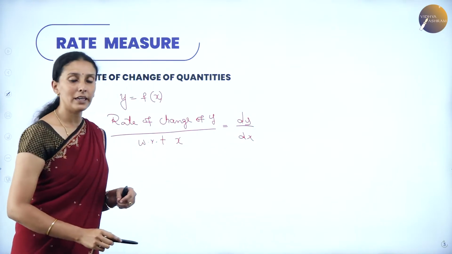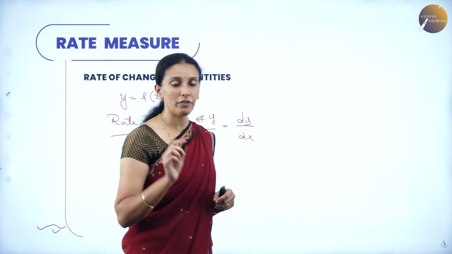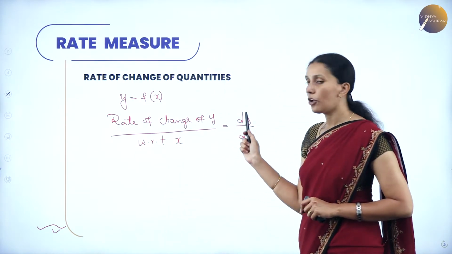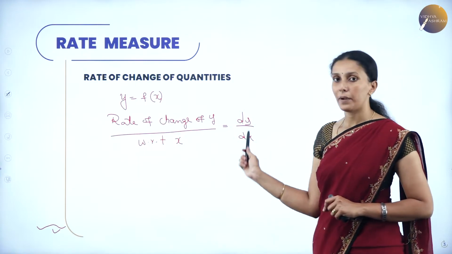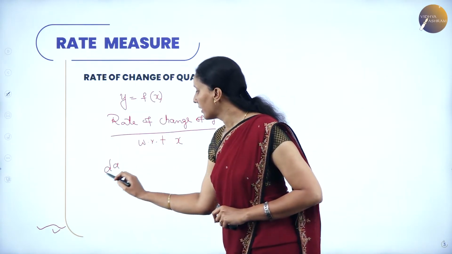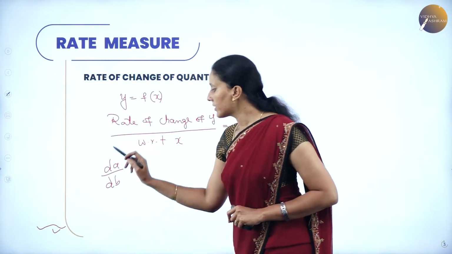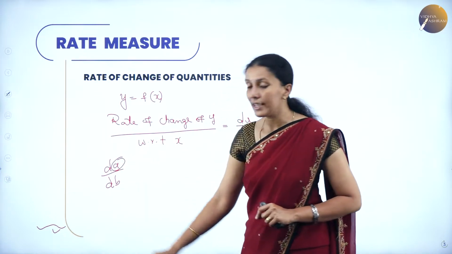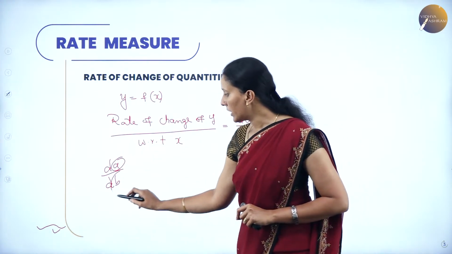Thus, dy by dx is nothing but the derivative of a function. But what does it represent? It always represents the rate of change of y with respect to x. Similarly, if I write dA by dB, it represents the rate of change of quantity A with respect to B.